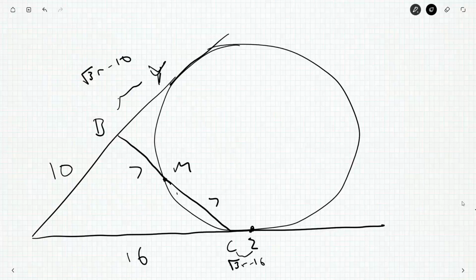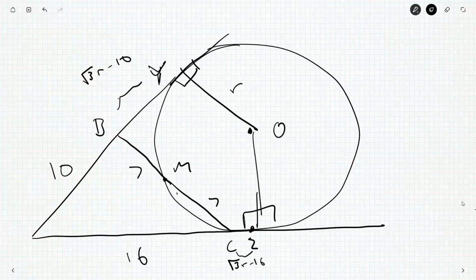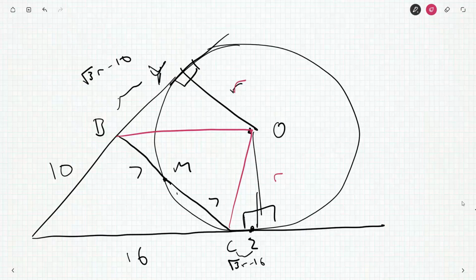So what can I do? Get this O here. Still add in R. Fine. Suppose I can add these lines in. That gets me a couple right angle triangles, and I do have this R here and this R here. So I can get OB and OC in terms of R. Does that help me, though?